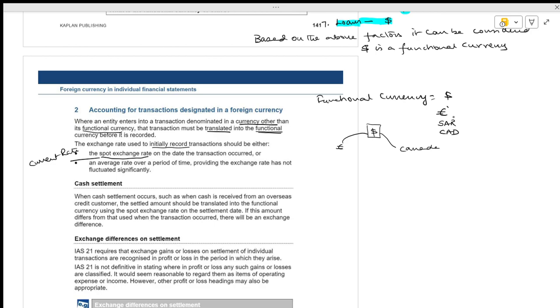Apart from the spot rate on the date of transaction, you will have the opening rate and the closing rate. You can also use the average rate over a period, providing the exchange rate has not fluctuated. That means you have the option to take the average rate.